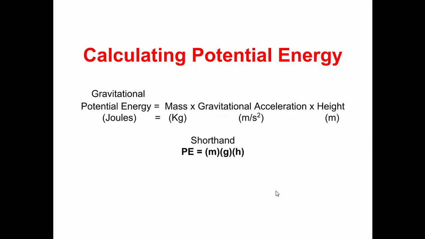That is the unit of energy, and we abbreviate that as a capital J. It is mass in kilograms times gravitational acceleration, which is meters per second squared, which on Earth is a constant, and it's always going to be 9.8 meters per second squared, as long as you're on Earth, times the height in meters. And so if we're abbreviating it, we write PE, capital P, capital E, for potential energy, equals M times G times H.